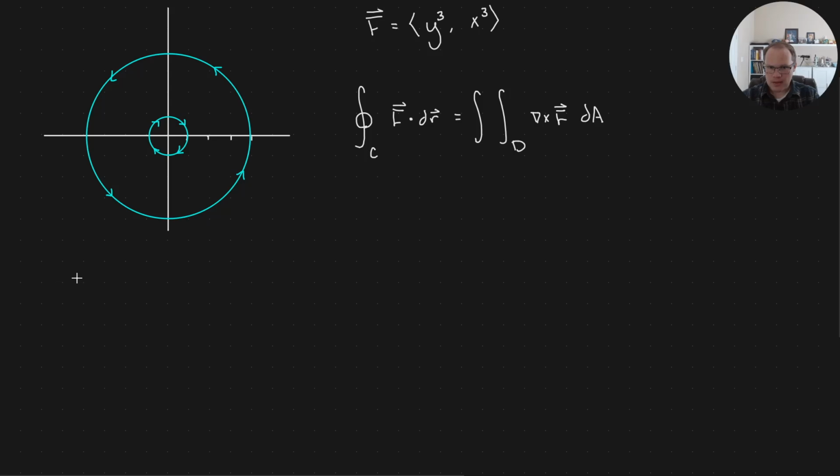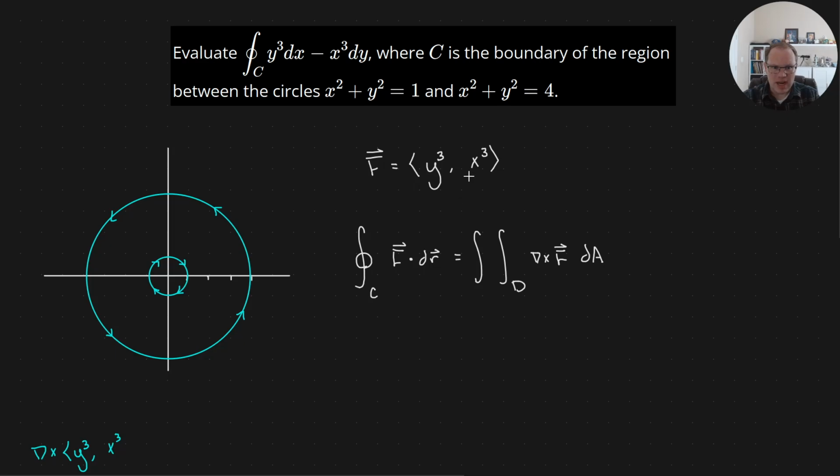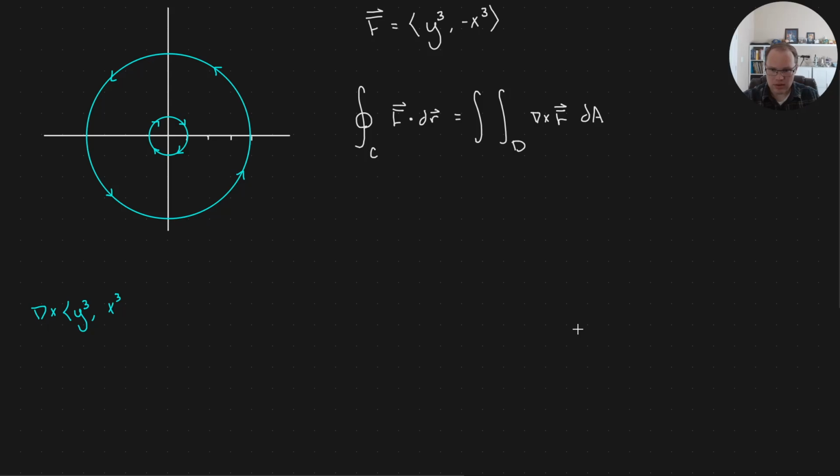For the curl of f, if we embed this in 3 dimensions, then the curl of y cubed, negative x cubed, comma 0. We add the 0 because we're embedding it in 3 dimensions.